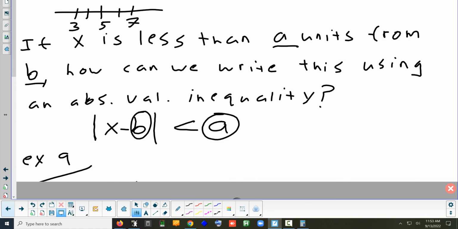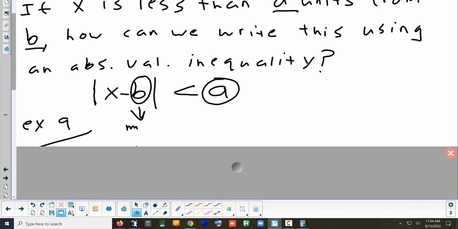So B is the middle. It's your starting point, and A is how far away you can go on each side of it. And this formula will give you the answer to a problem like that.